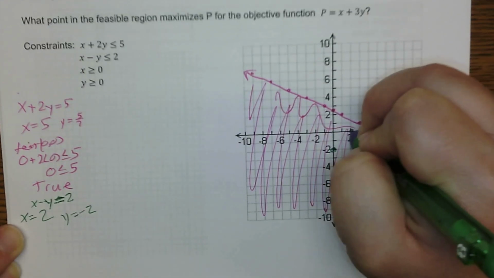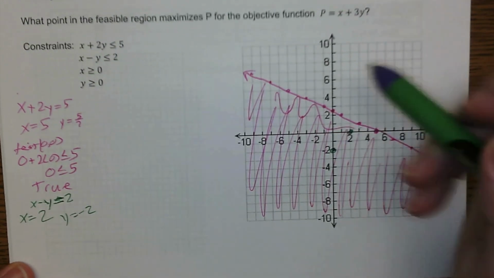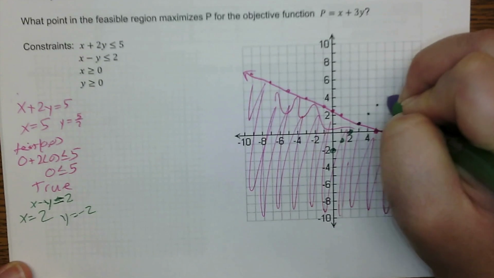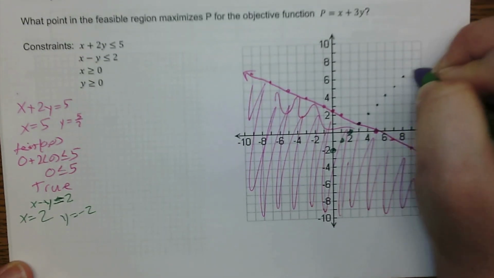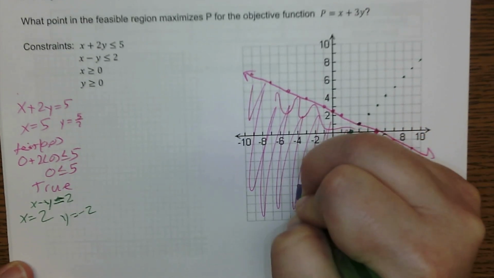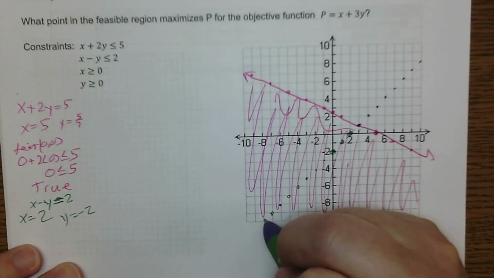Y crosses at negative 2, x crosses at positive 2. We go up 2 over 2, so the slope is 1. And good news, I don't know for sure if we'll need that corner point, but I did just put a green dot on top of a pink dot.